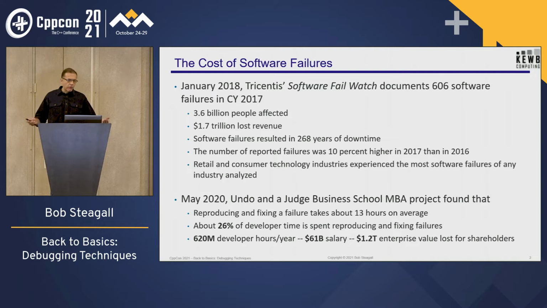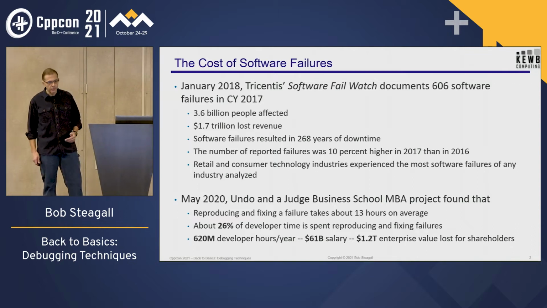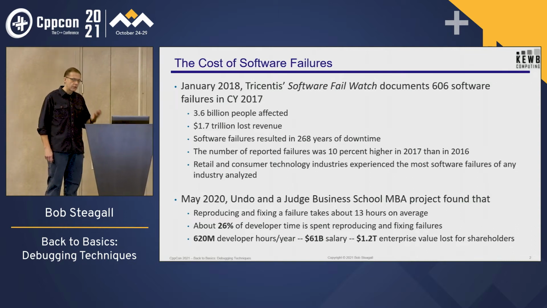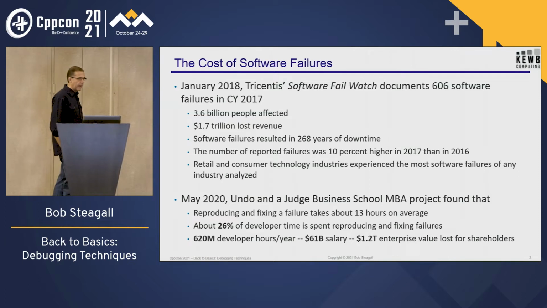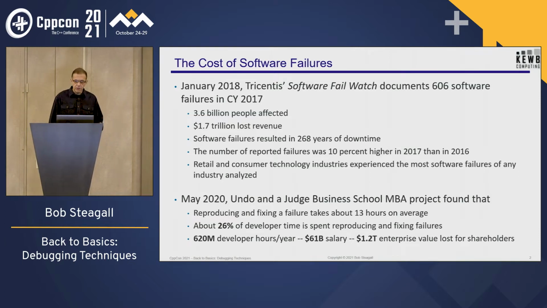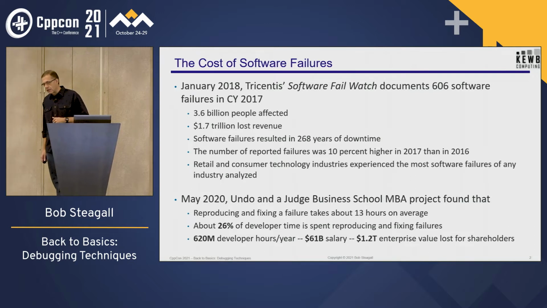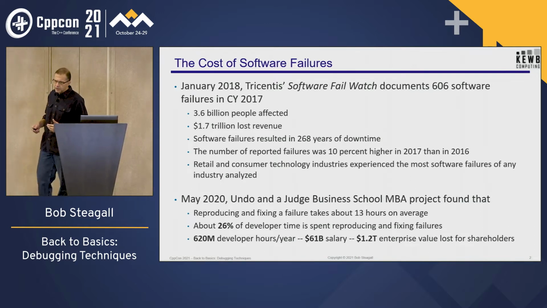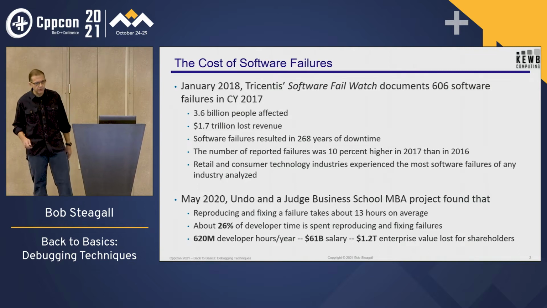And over the course of this study, they determined that about 620 million developer hours per year are spent on this problem at a cost of a little over $60 billion in salary paid and over $1 trillion of enterprise value lost. It's a huge amount of money and a huge amount of time. And so if we can find ways to reduce that cost, it benefits everyone.